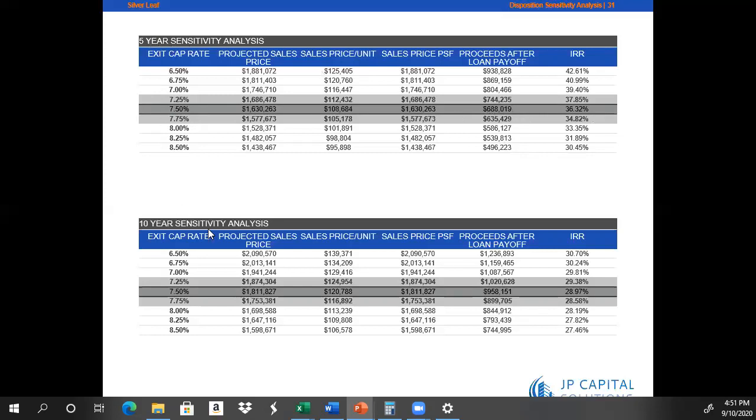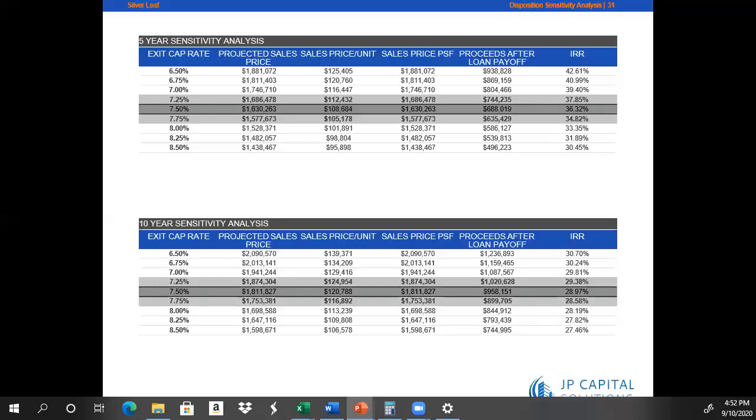See how the numbers change at 10 years. This is your internal rate of return. It's the capital you will have gained after every year of cash flow after debt service, plus the proceeds. So what are the proceeds after you sell and pay back loans or whatever?